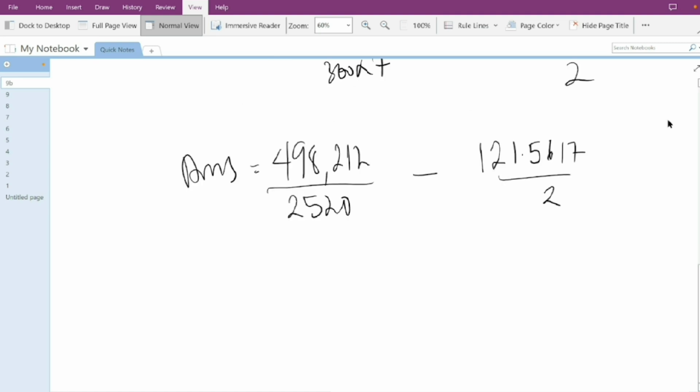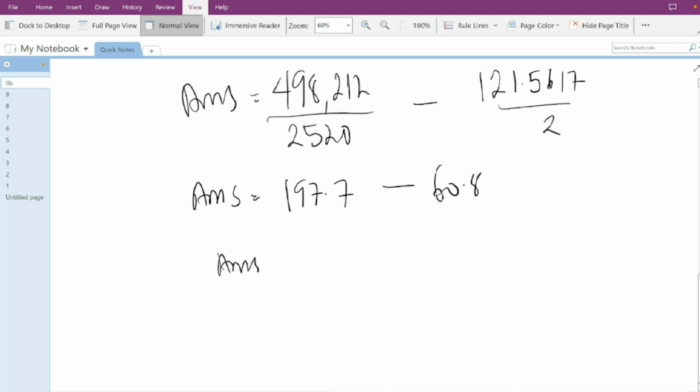On the next line we have our area equals 498,212 divided by 2,520, which will give us with our calculator 197.7 to 1 decimal place, minus 121.5617 divided by 2, which will give us approximately 60.8 to 1 decimal place.